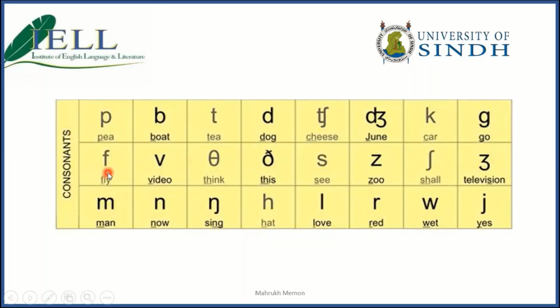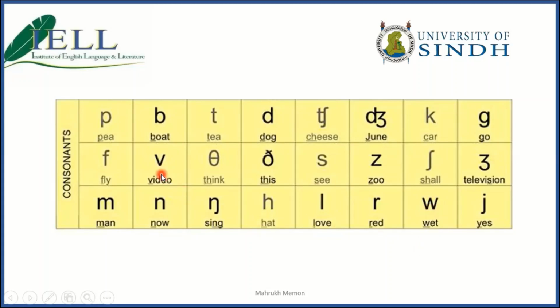This is pretty simple. Whenever we have F sound, we will use F. Whenever we have V sound, okay, V sound. Now these two sounds, V and W, might be a little bit similar, because in our pronunciation in Sindhi, we pronounce both of them as V. But there is a little bit of difference between this V sound and this W sound.